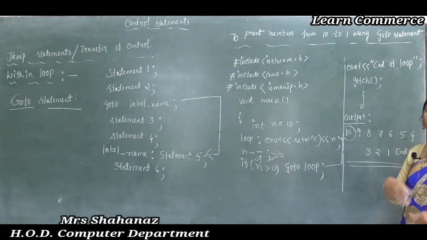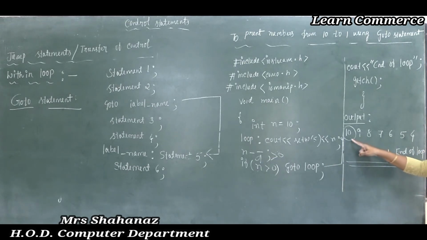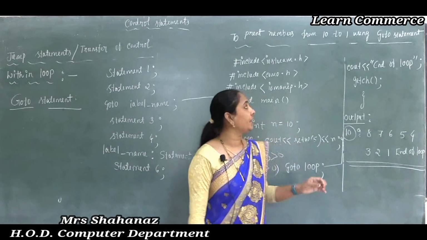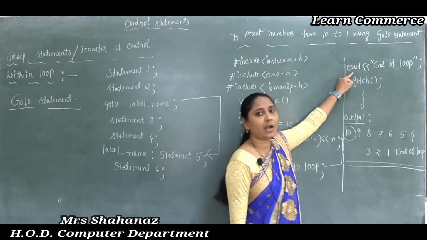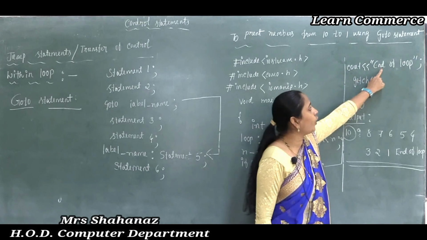So like that, as long as the condition is satisfied, it is going to print. So we can say transfer the control from one point in a program to any other point in that program. Okay. And so it prints 10, 9, 8, 7, 6, 5, 4, 3, 2, 1 and finally end of loop, because after checking the condition and printing all those numbers, I also want to display end of loop here.